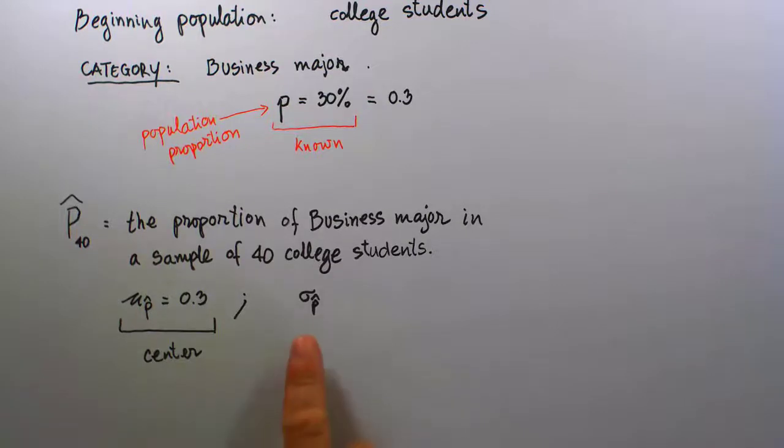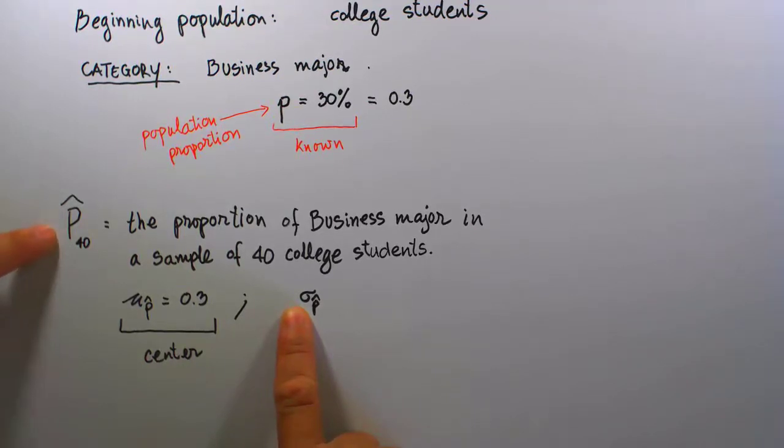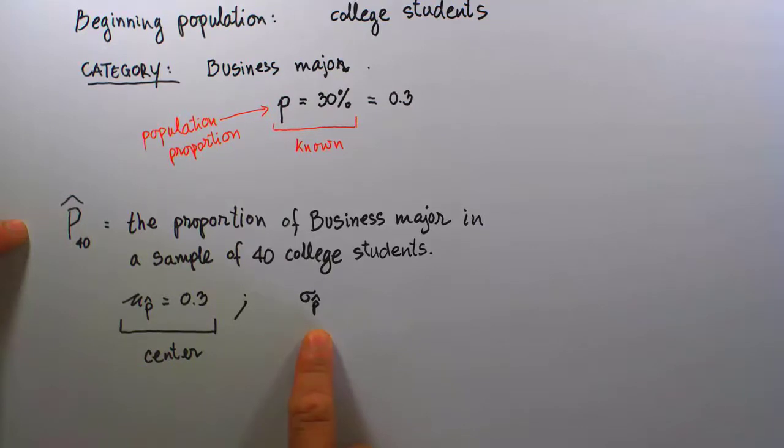And once again, for standard deviation, we use a sigma here, indicating that what we have here is a population of sample proportion values. So this standard deviation makes sense to be a population standard deviation. And the subscript p hat here indicates that this is the average spreading of all sample proportion values. Because once we found the center, then on average, we want to find out how all sample proportion values are spread away from the center.